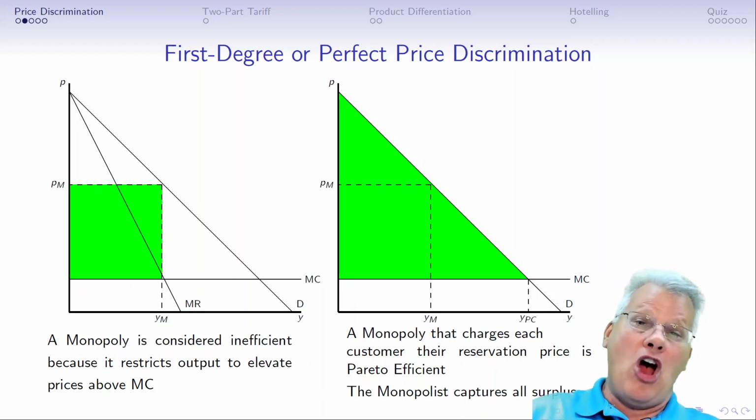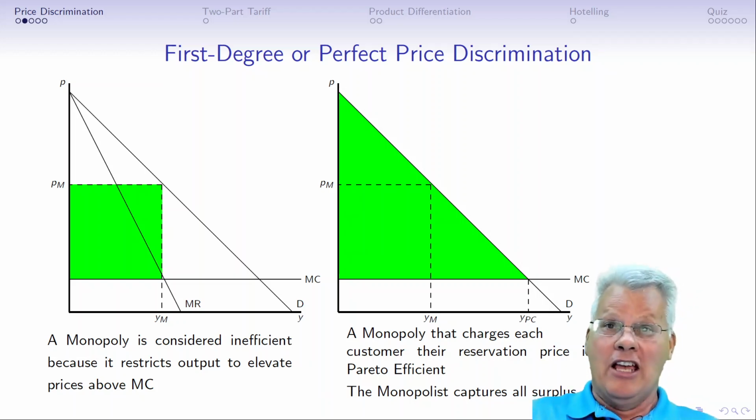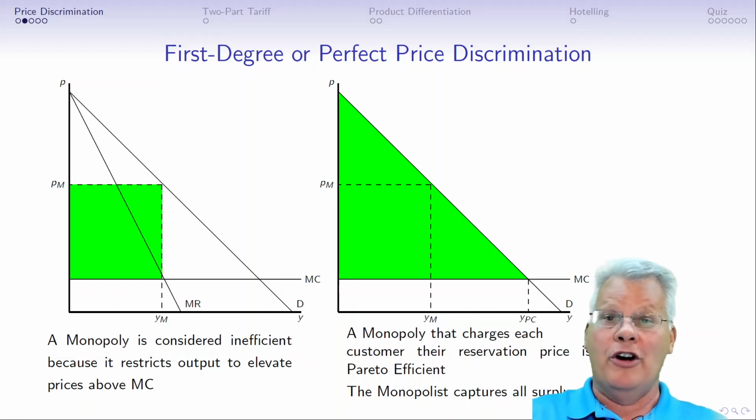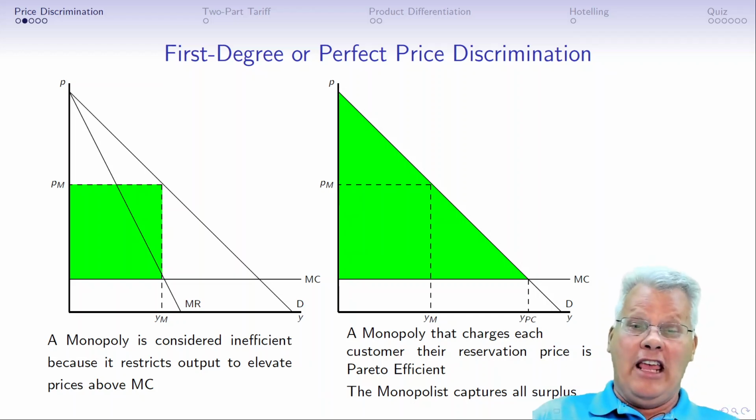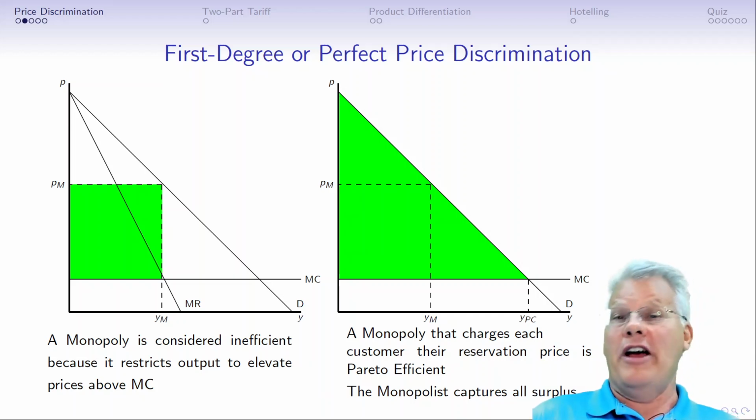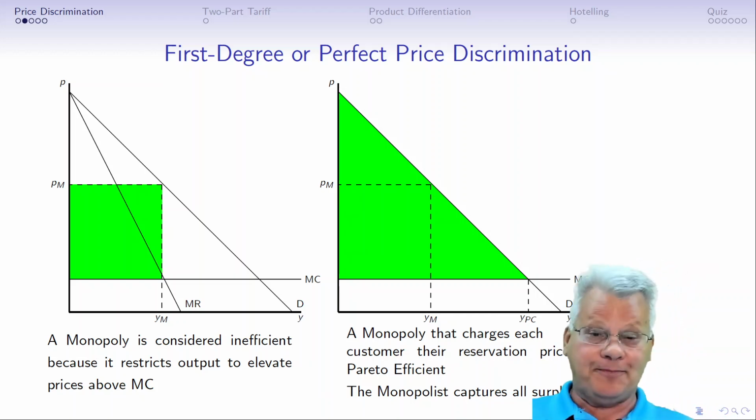Now, if the monopolist is going to charge a different price to each consumer, what they should ideally be able to do is charge each consumer their reservation price, or their maximum willingness to pay.